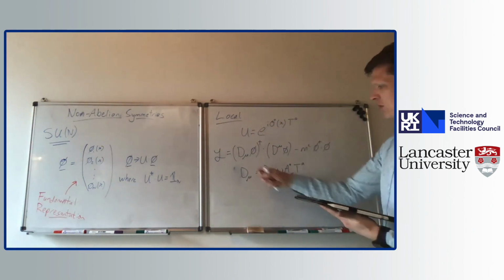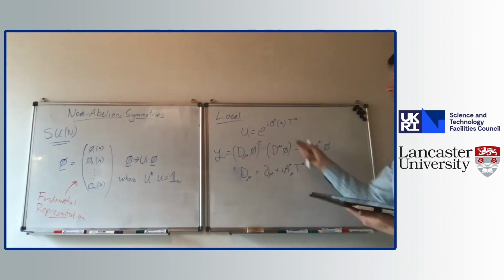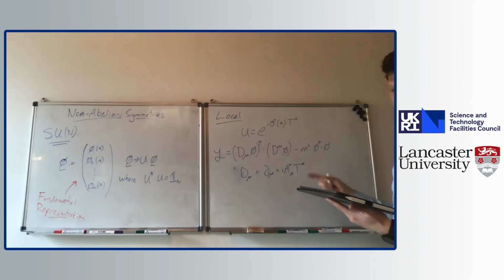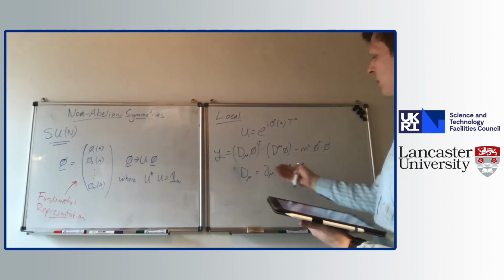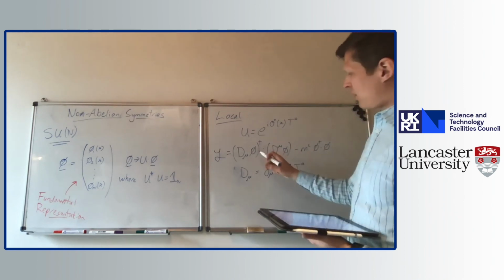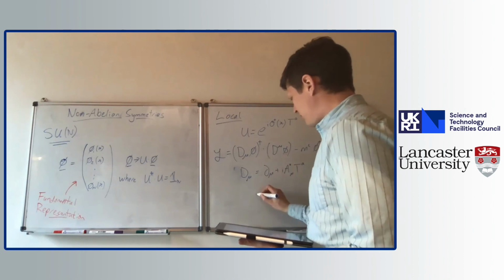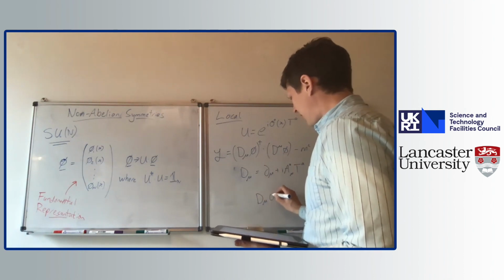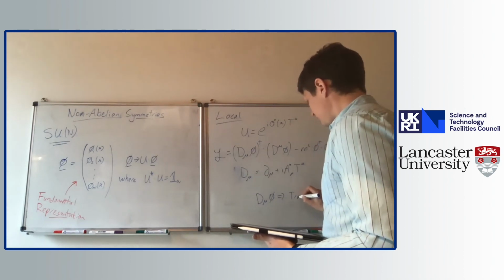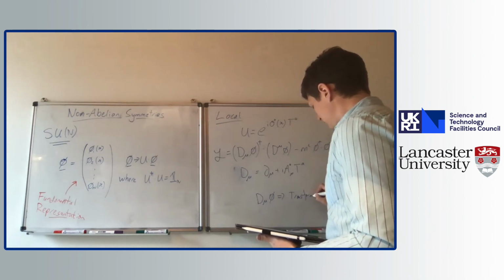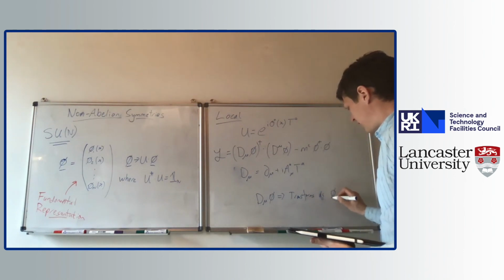When we promote the derivatives to the covariant derivatives, this Lagrangian remains invariant under this transformation, and we can also add a kinetic term for the gauge field like we did for the U1 case. That's why we say it's covariant: with the covariant derivative, D mu phi transforms in the same way as phi itself.